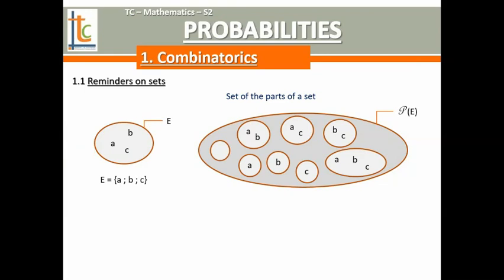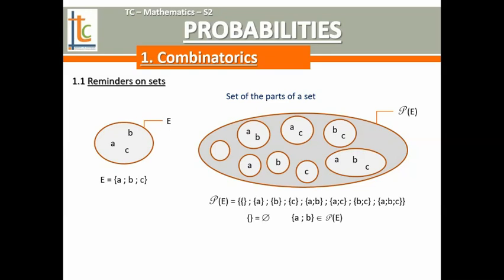And the empty set has its own existence, and its notation. This empty set is denoted by a circle that is crosshatched, so you just have to draw a slash over a circle. So the set {A, B} is an element of P of E, and so on.